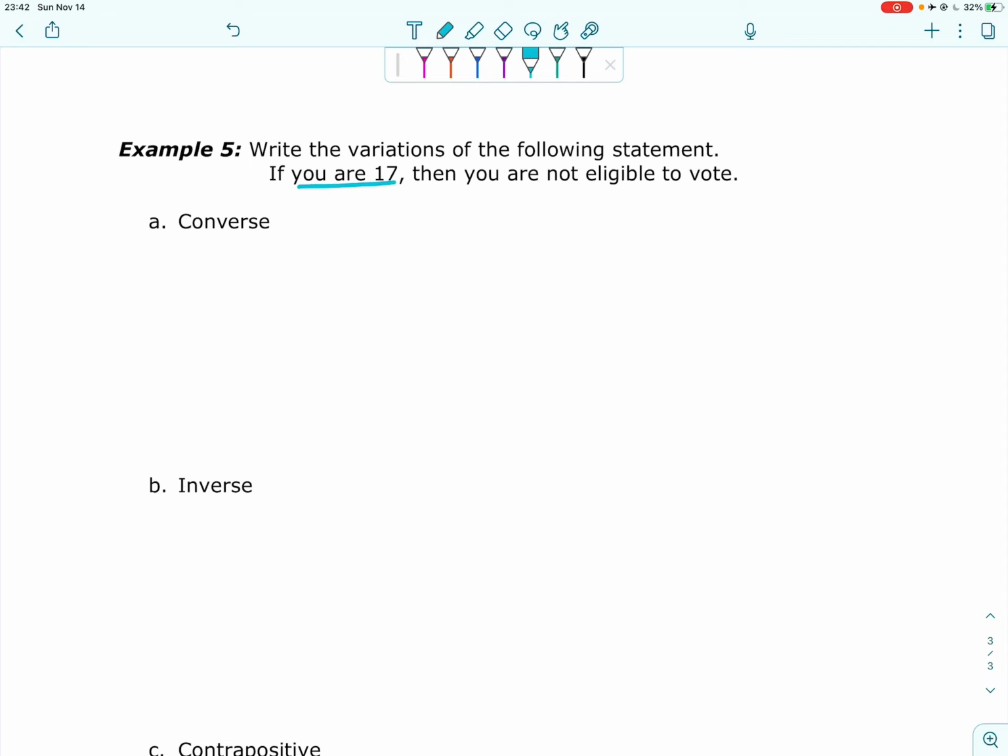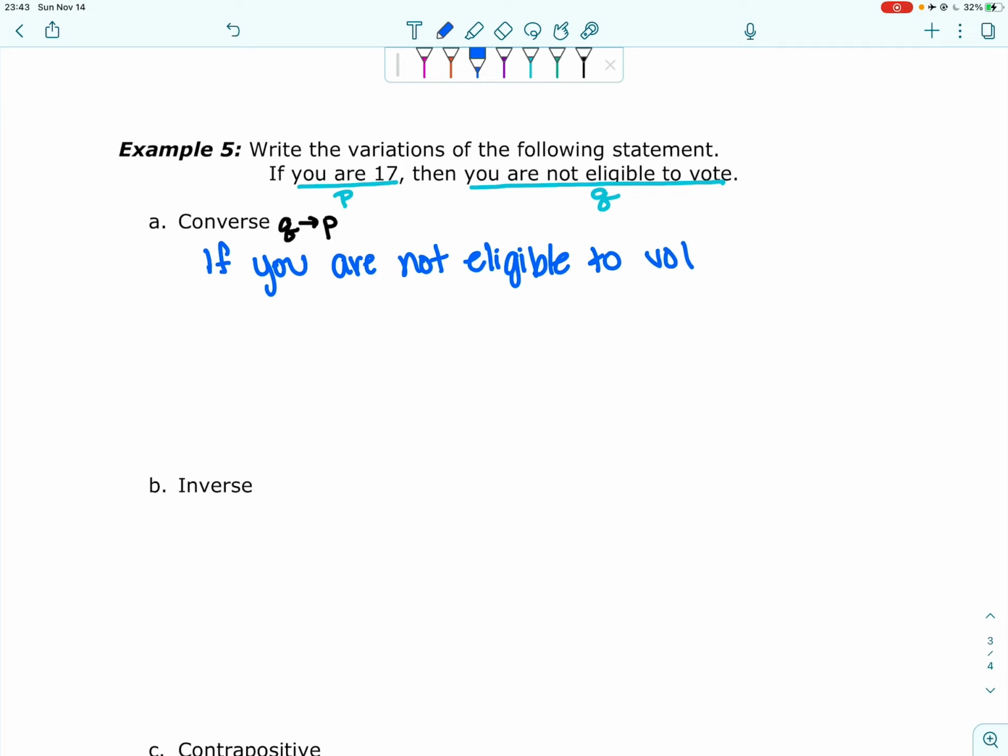So if you are 17, that's going to be P. Then you are not eligible to vote, that's going to be Q. So the converse would be Q, then P. So if you are not eligible to vote, then you are 17.